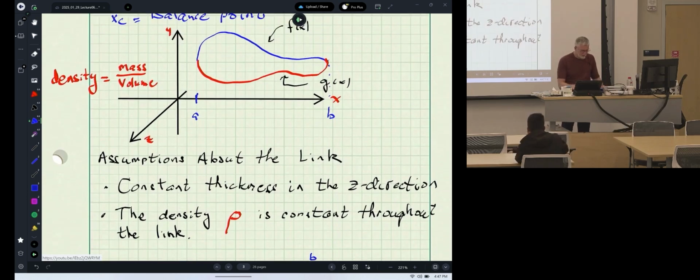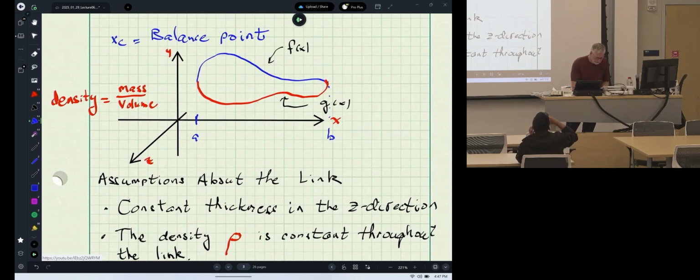Well, what would that be? Let's take a point x. It's just like our area calculation. Put an infinitesimally thin rectangle here.